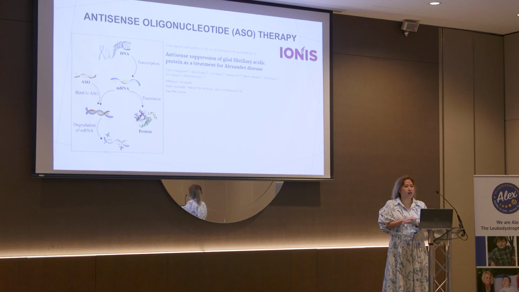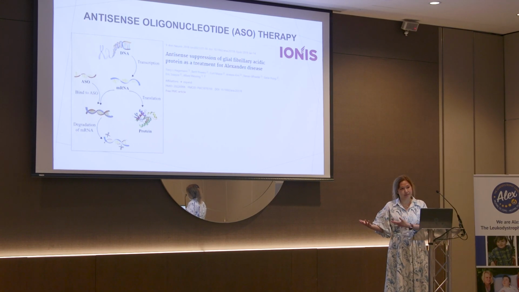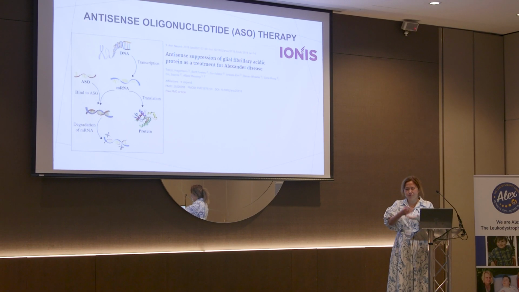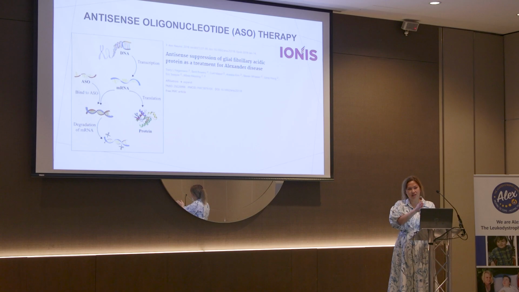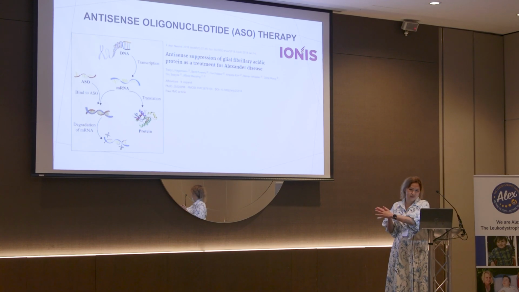For me to make the cake, I need to make a photocopy of the recipe. That photocopy is RNA. Then I bring the recipe back home, and I follow the recipe to make the cake, and the cake will be the protein. So DNA, RNA, and cake.